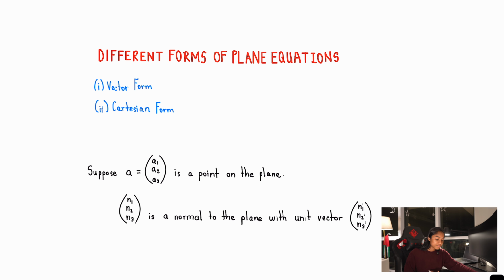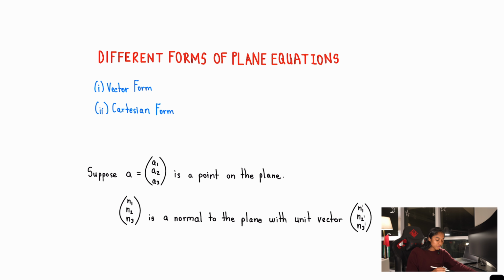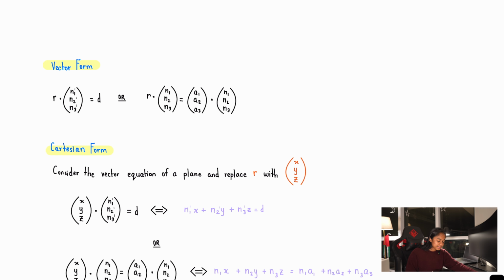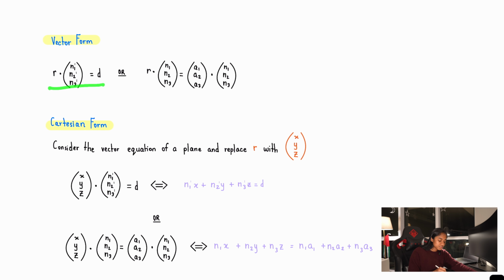All right, so let's look at the different forms of plane equations. We have the vector form and the Cartesian form. So let's suppose that A is a point on the plane and n1, n2, n3 is a normal to the plane with the unit vector. All right, so the vector form would be as such, or in this case, the second way.